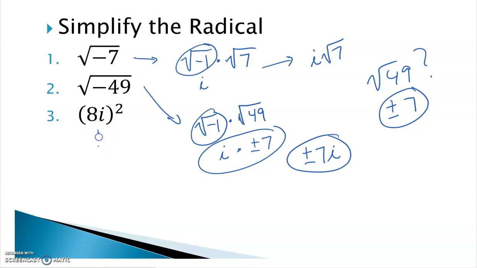Last example here, 8i squared. That's just an imaginary number, but we can square it. Anything squared just means times itself, so what this means is 8i times 8i. Okay, well 8 times 8 is 64, and i times i is i squared.